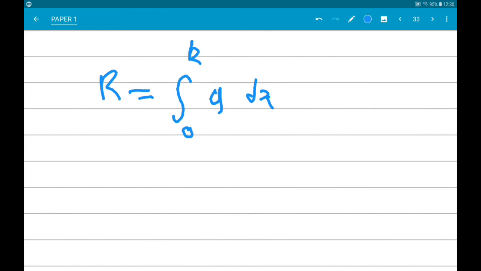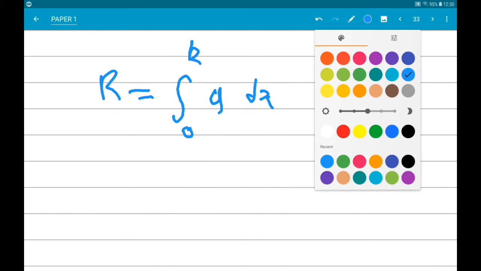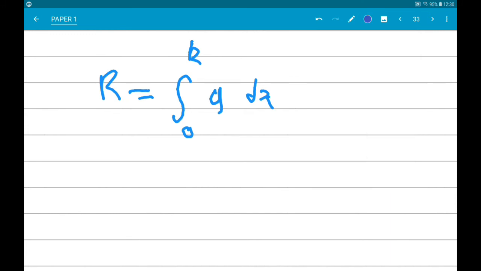Now the problem is that we don't know k, so we need to find k before we can do the integral. So, finding k then.